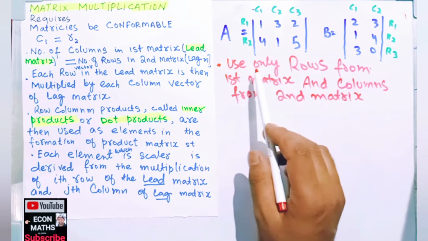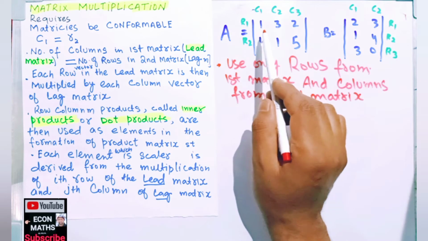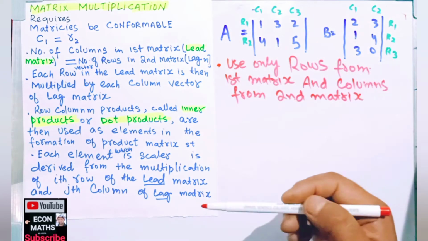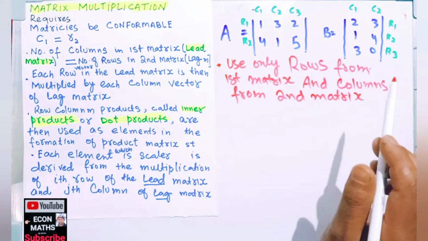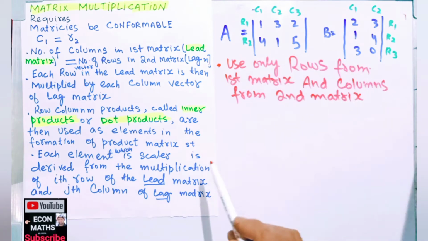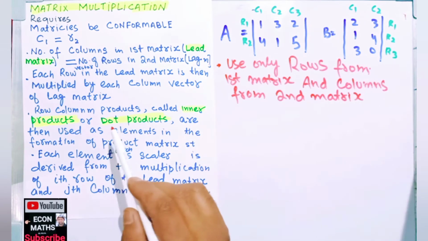We have to use only rows from this matrix and columns from this matrix to multiply the matrices. Now these row column products are also called inner products or dot products.